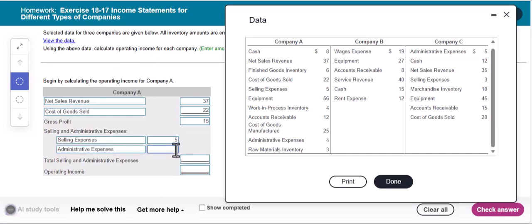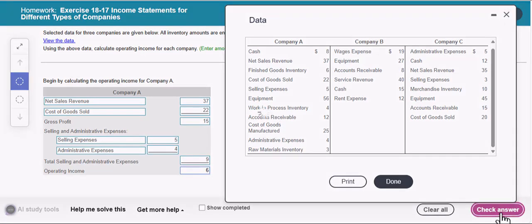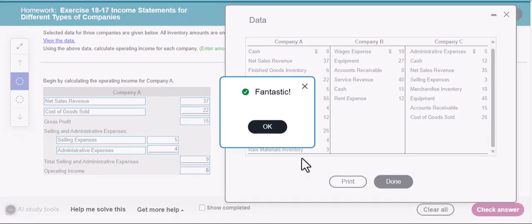So we'll add those up, and that's going to give us a total of selling and administrative expenses of 9 million. And then in order to get our operating income, we subtract the selling and administrative expenses of 9 million from 15 million. So that is going to be a total of 6 million. And we can go ahead and check our answer. Fantastic.